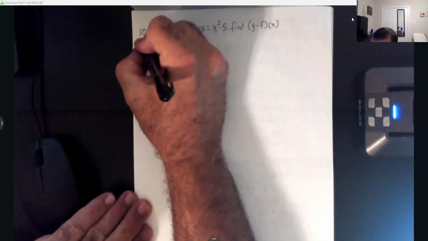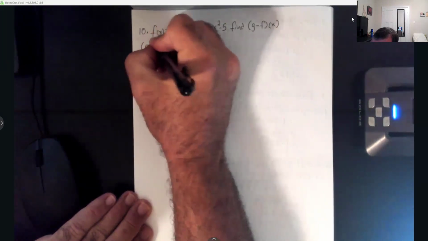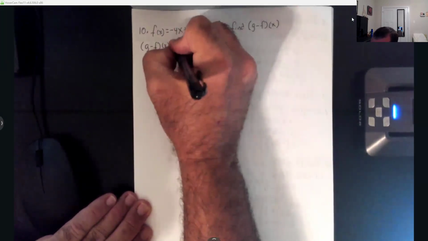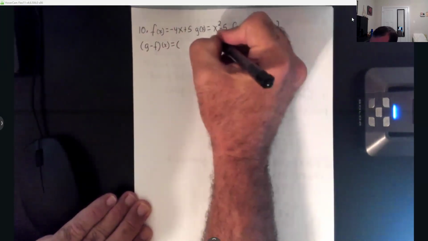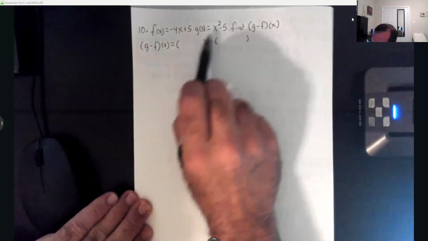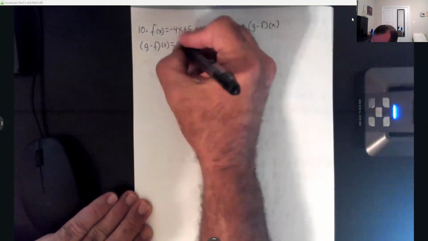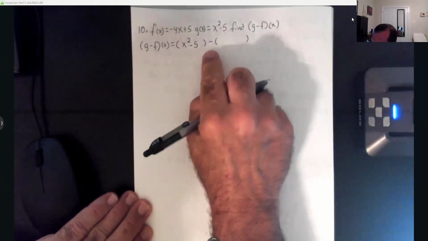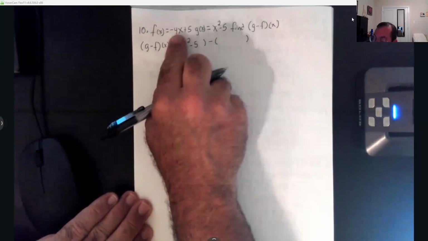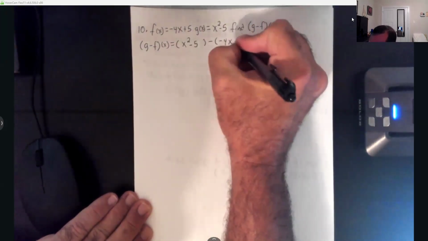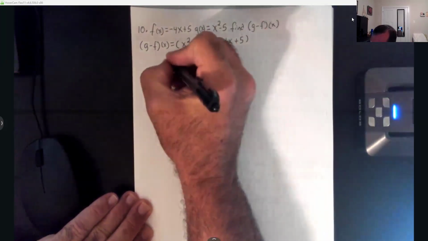So let's come over here. G minus f of x will equal our g minus our f. Well, y'all, g's first, so that was x squared minus 5. And then that's minus my f, which is a negative 4x plus 5.